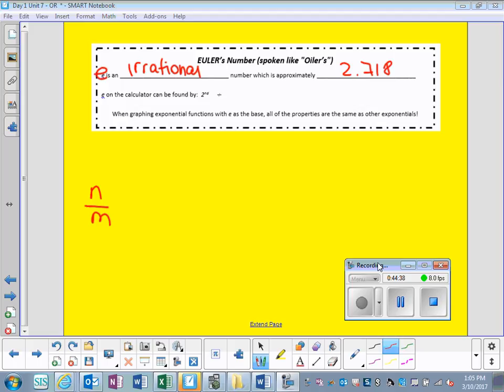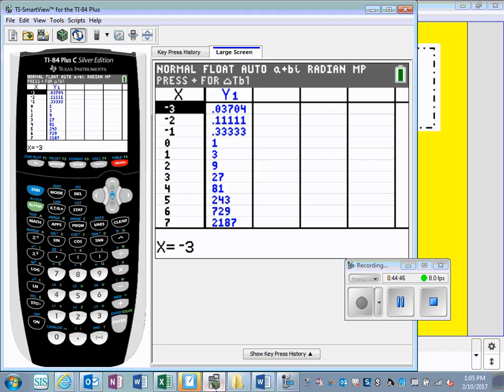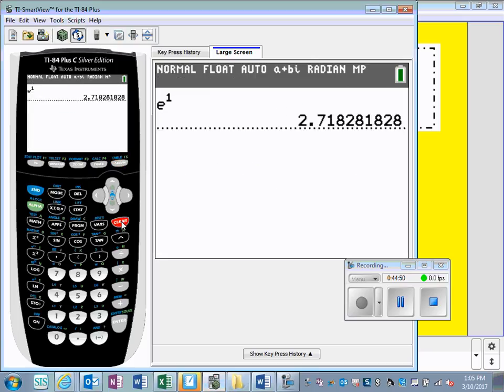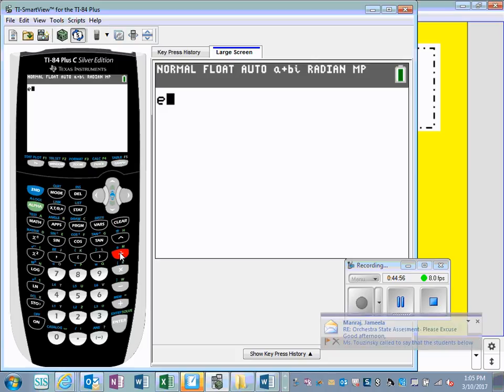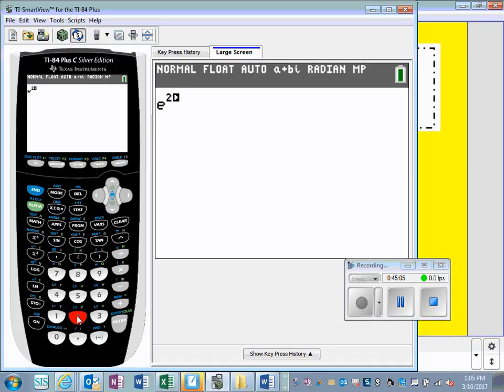Okay, so e on the calculator can be found by pressing second and division. If you look at the calculator, if I wanted to say e, here, second and right here, that's your number. Or if you want e to the power of 2, for example, you can do it like this and then to the power of 2, or there is a shortcut also.